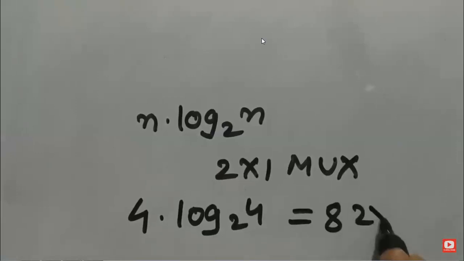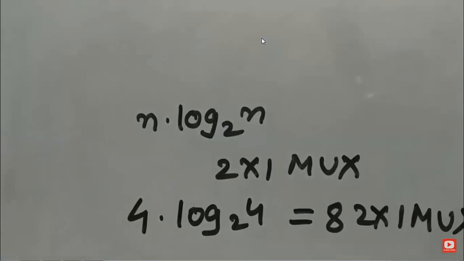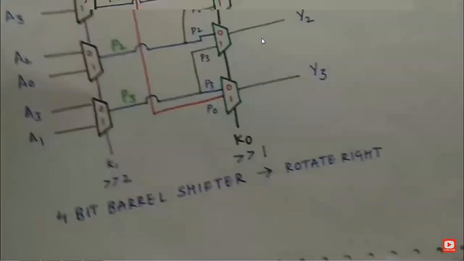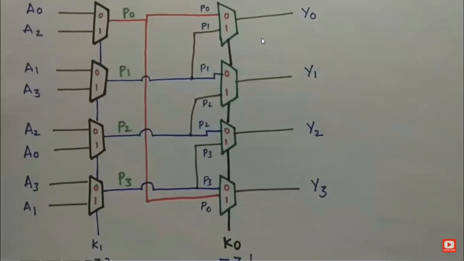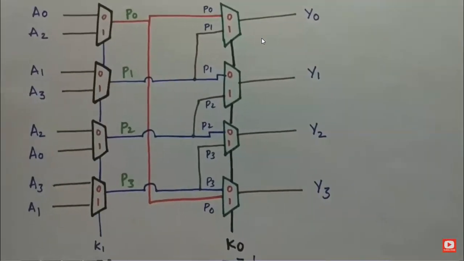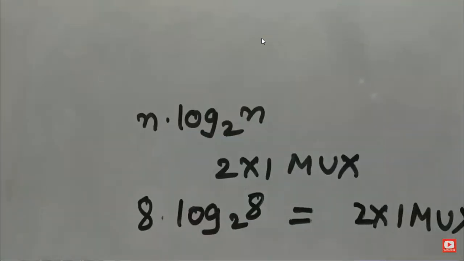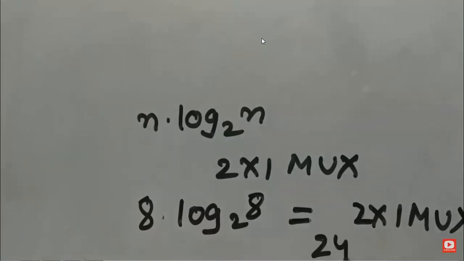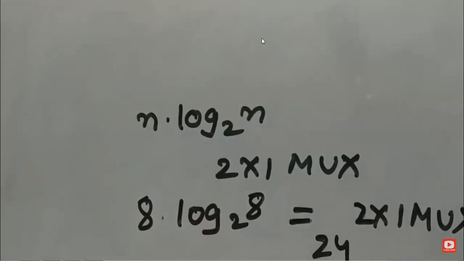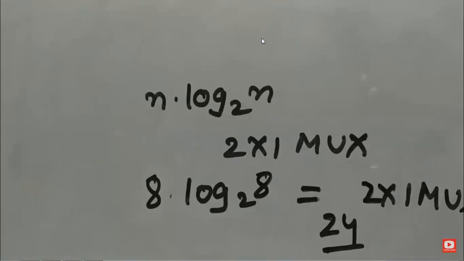So we require 8 2:1 multiplexers for 4 bits. Okay, that's what we got, 8 multiplexers. Now let's say we want 8-bit data. For 8-bit data, we require 24 2:1 multiplexers. Okay, 24, that's too much.